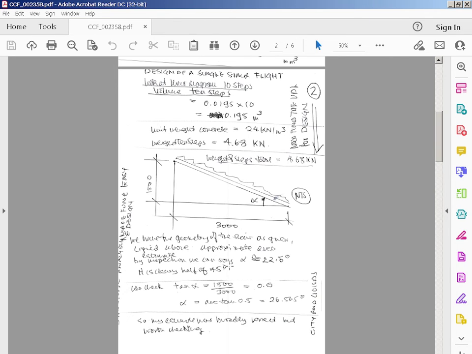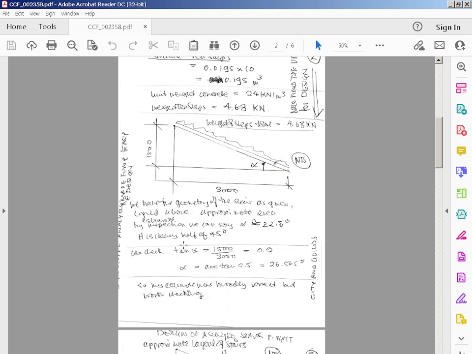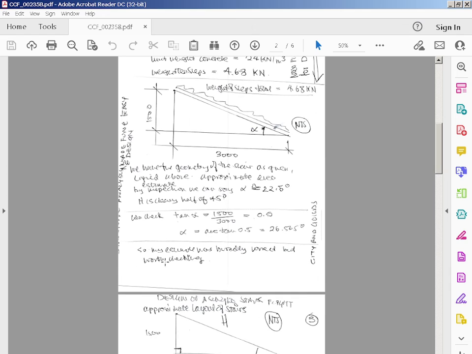But let's just check that to make sure. Tan alpha equals 1,500 over 3,000 equals 0.5. Alpha equals arctan 0.5, which is 26.565. So my estimate was broadly correct, but worth checking.